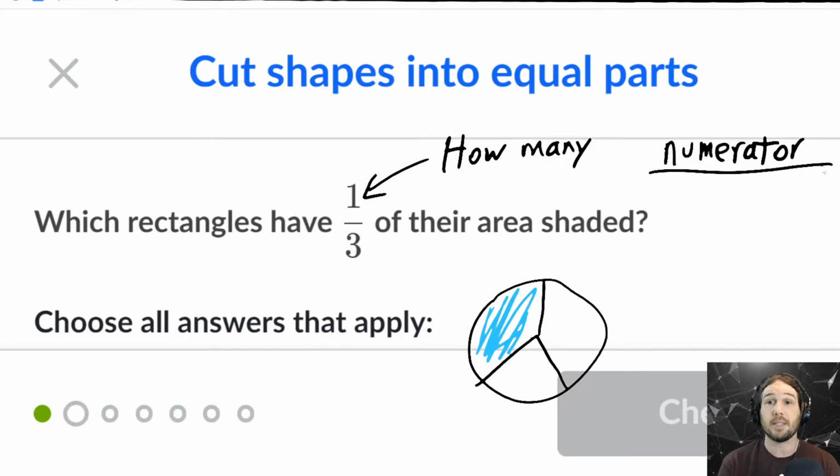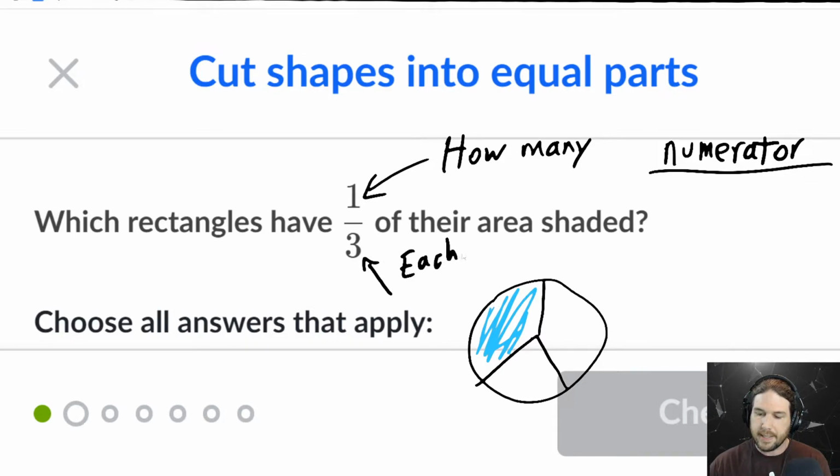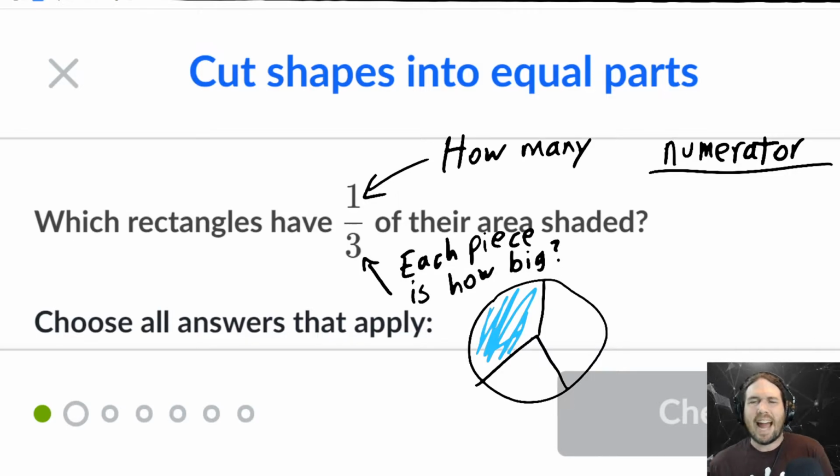The difference is that the bottom here tells us each piece is divided into how many, or each piece is how big. Not big as in actual size, big as in how much of the object is it, right?